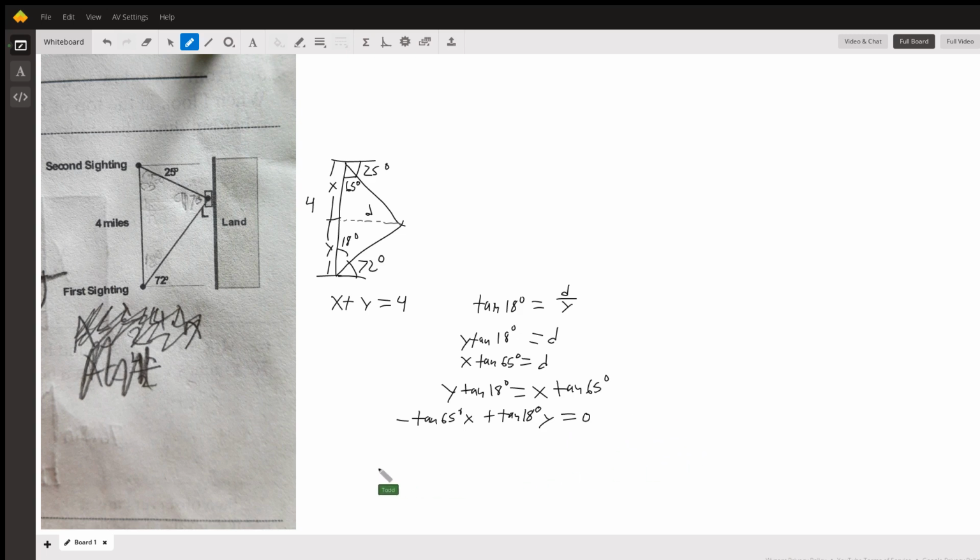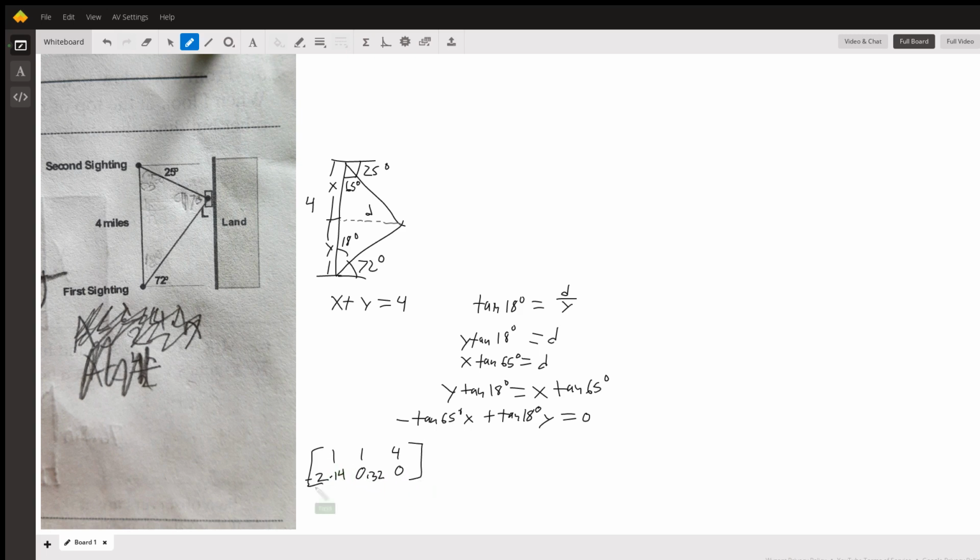And so my augmented matrix is going to look like 1, 1, 4, and then tangent of 65, negative tangent, so negative 2.14, and then tangent of 18, I'm getting 0.32, and then 0.